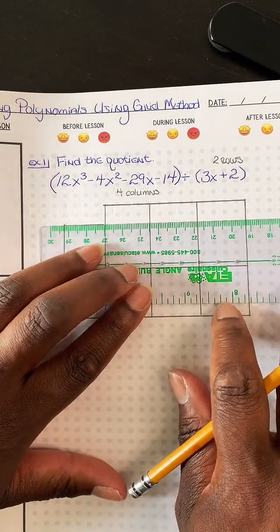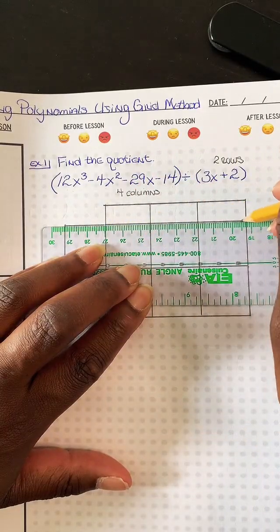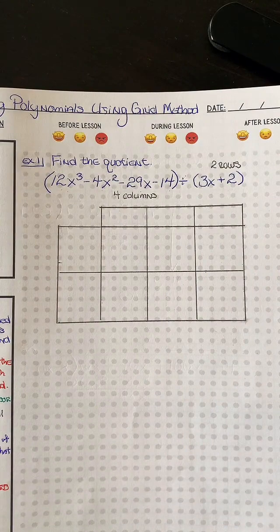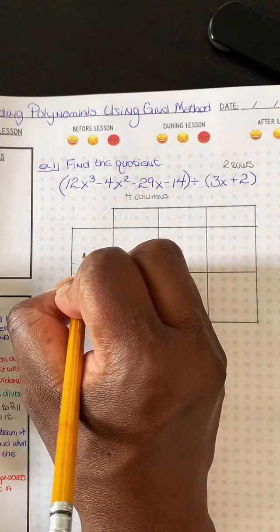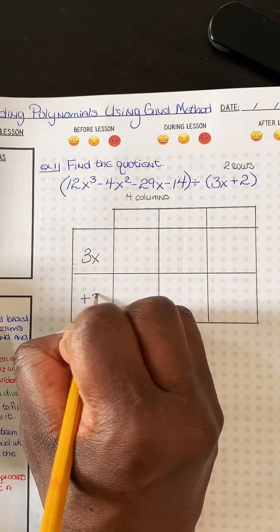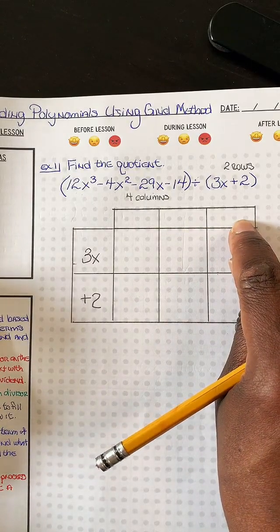All right, because what's going to go up here, and you're like, well, Audrey, that's 2 rows. True. My divisors are going to go here. So this is 3x plus 2. My dividend is going to go up here.